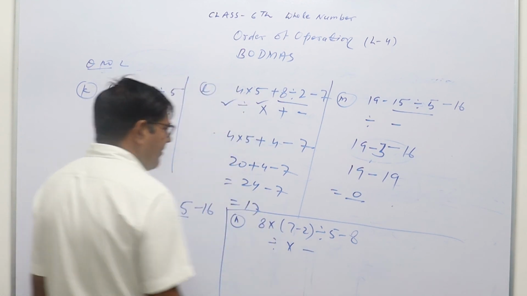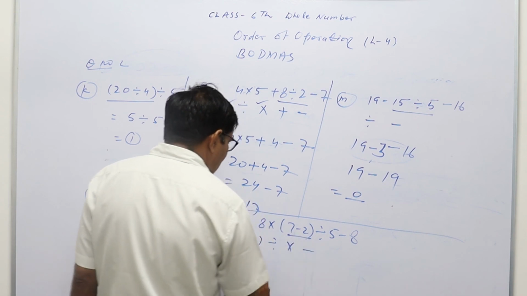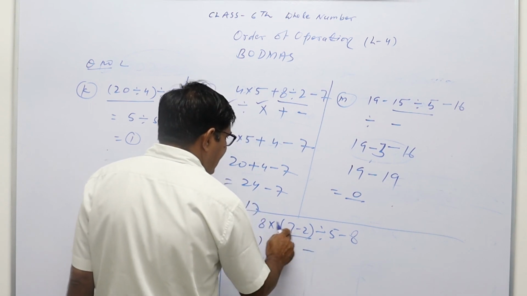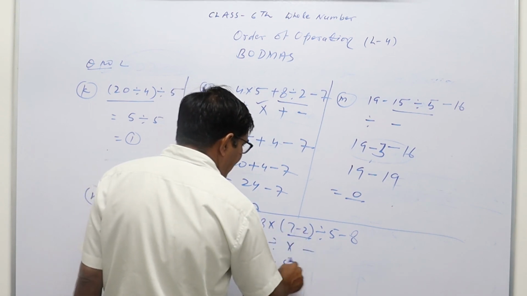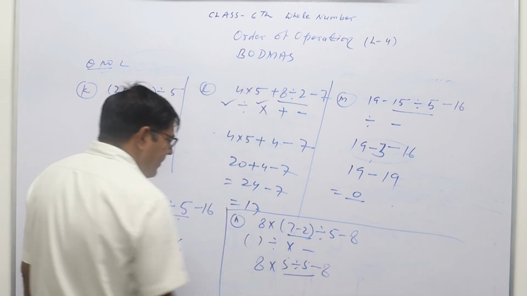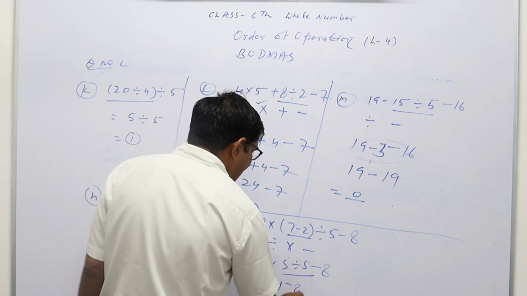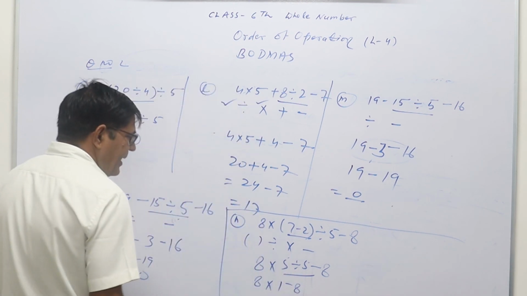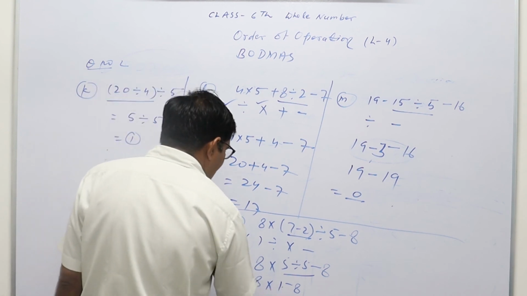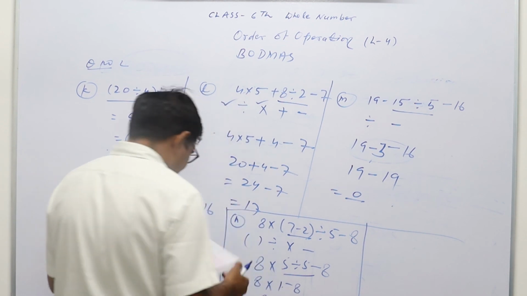So first we will divide, bracket off. So bracket off means 8 multiply (7 minus 2), 5 divided by 5 minus 8, then divide. So 8 multiply 5 divided by 5, 1 minus of 8. Then multiply 8 into 1, 8 minus 8, it will be equal to 0.